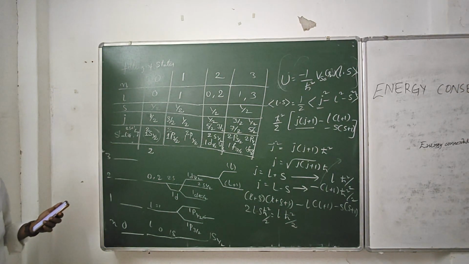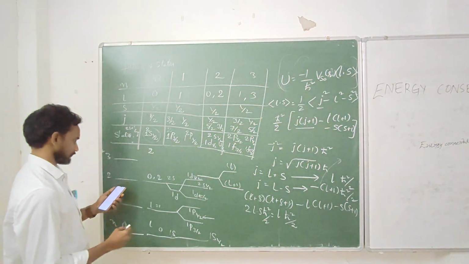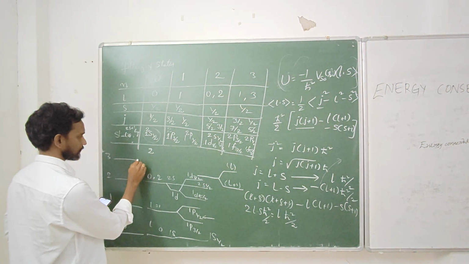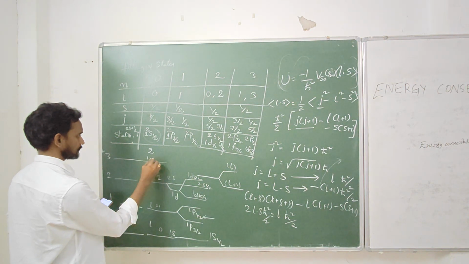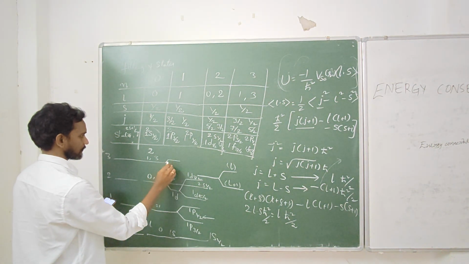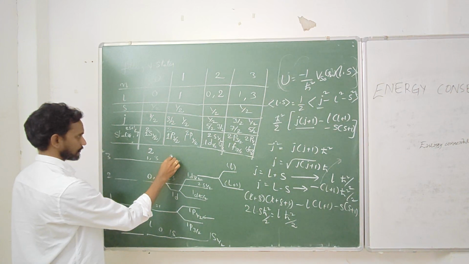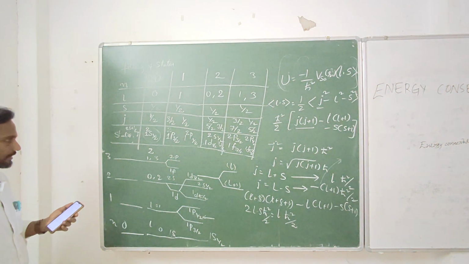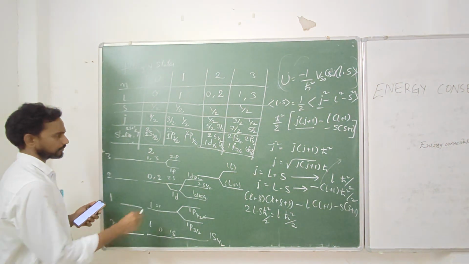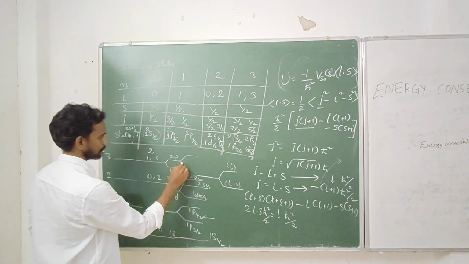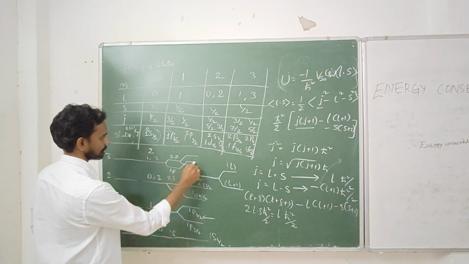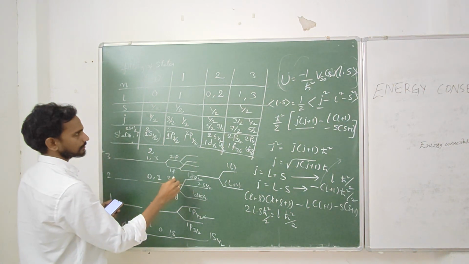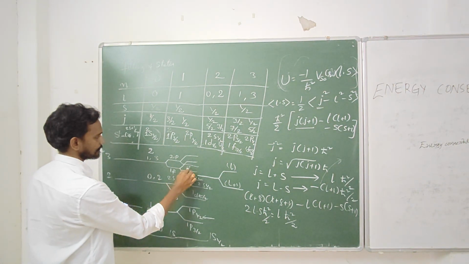Okay, and coming to third energy level, 2p and 1f. So 2p 1f, and this 2p will split into 2, 1f will split into 2. 1f 7 by 2.